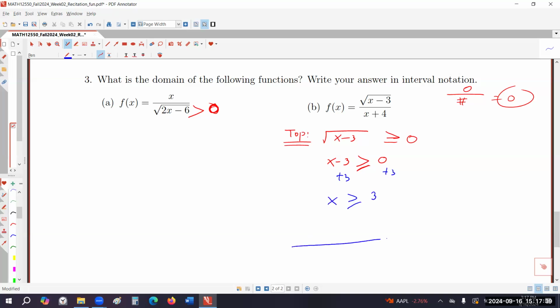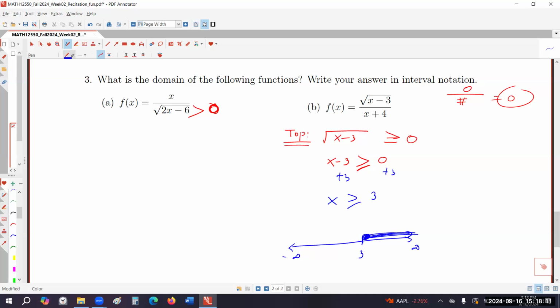This is saying you can put anything bigger than 3 into the function. You can put 3, 4, 5, 6, 7, 3.5, 3.1, anything starting from 3. And you can use 3 because 3 minus 3 on the top gives you 0, and the square root of 0 is 0.